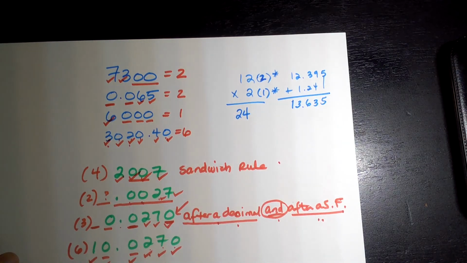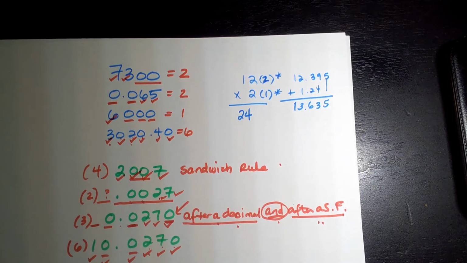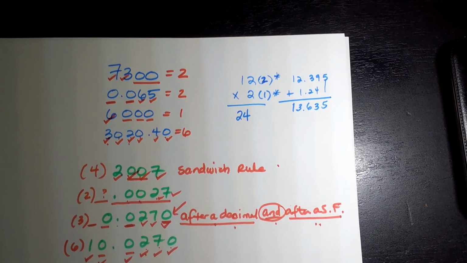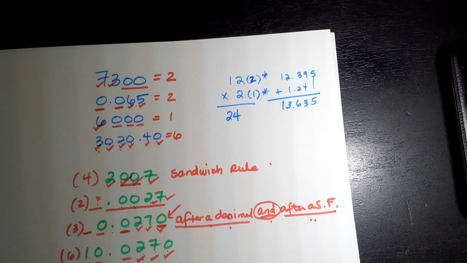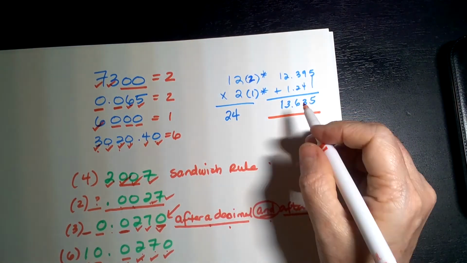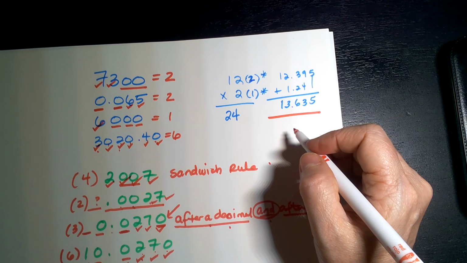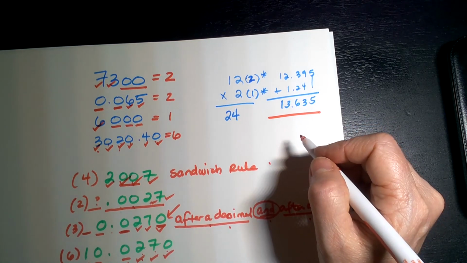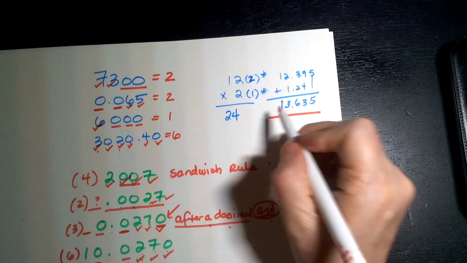Okay, so I'm about to answer those questions for you so that you'll know what you're supposed to do. All right, so we're going to start with adding and subtracting first. So on the adding and subtracting, your answer always has the same number of decimal places as the original number with the fewest decimal places.